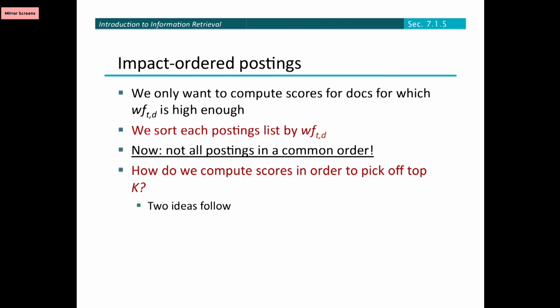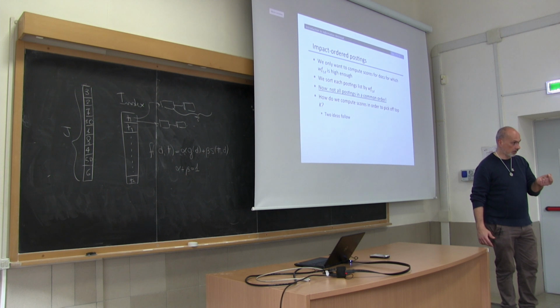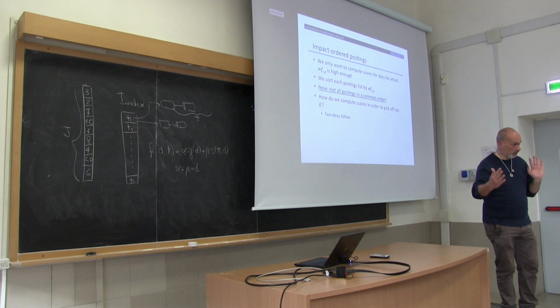The idea of champion list still is consistent with an ordering of the posting list in which every posting list is sorted according to the same criterion, doc ID or static score, right? So it means that the relative order of documents within each posting list is the same, okay?